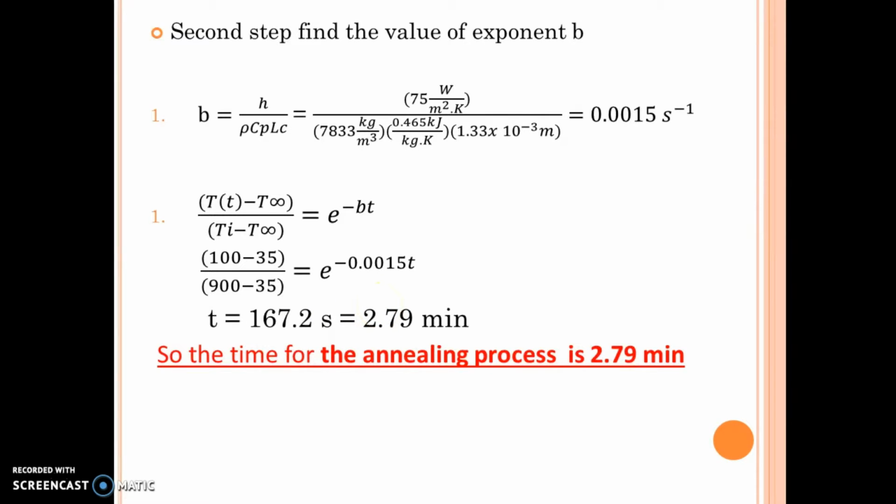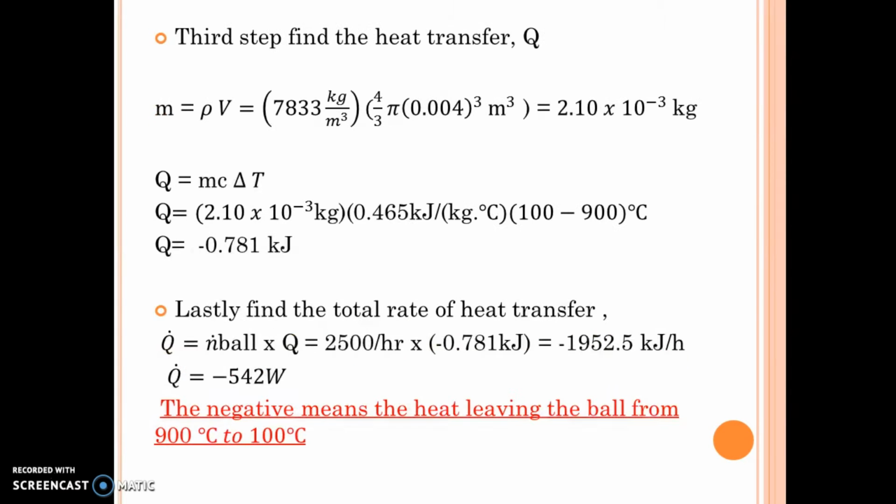Okay, we've finished the first part. Next, we find the heat transfer, Q. Firstly, we have to find the mass. Using this formula, we get the mass is 2.01 times 10 to the power of -3 kilogram.